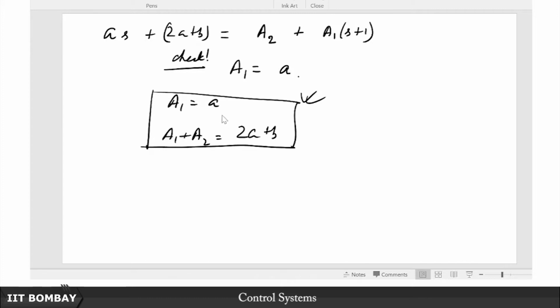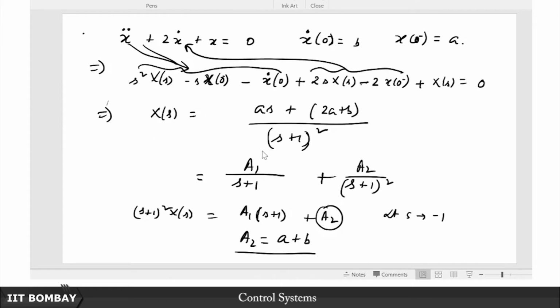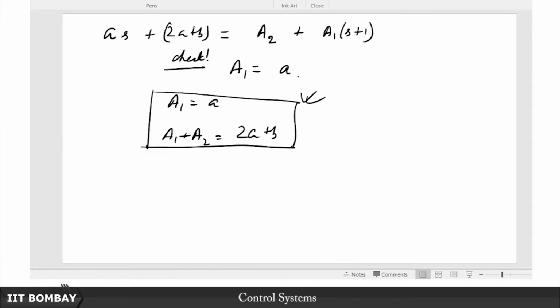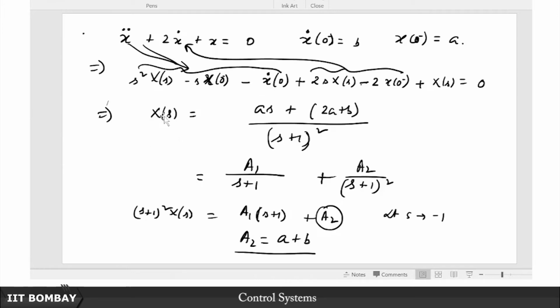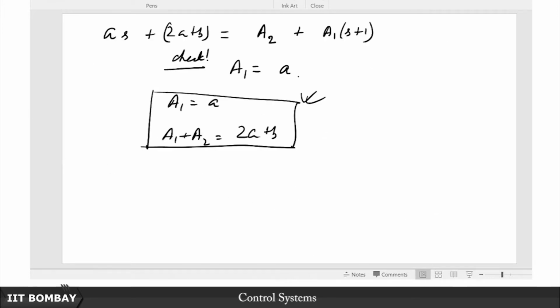Now the obvious question is, once we've done this, how does this help us in getting the inverse Laplace transform? So let's see where this allows us to go. Having expanded this expression X(s) in partial fractions like so, we can then write that X(s) is given by nothing but a over s plus 1 plus (a plus b) over (s plus 1) squared.